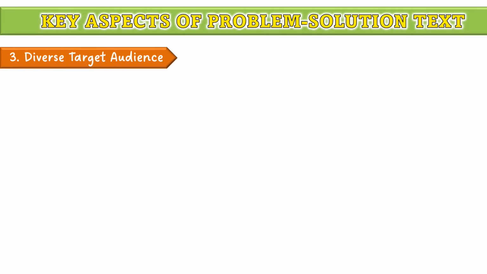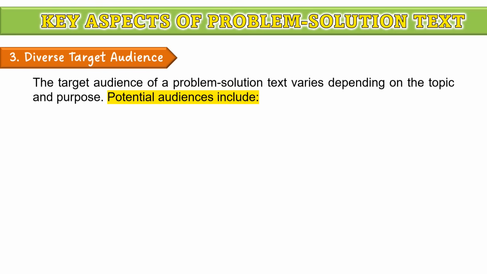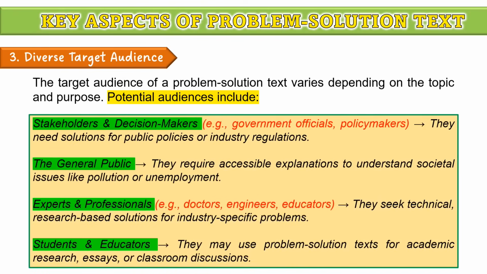Number 3. Diverse target audience. The target audience of a problem solution text varies depending on the topic and purpose. Potential audiences include stakeholders and decision makers, including government officials or policymakers. They need solutions for public policies or industry regulations. The general public. They require accessible explanations to understand societal issues like pollution or unemployment.